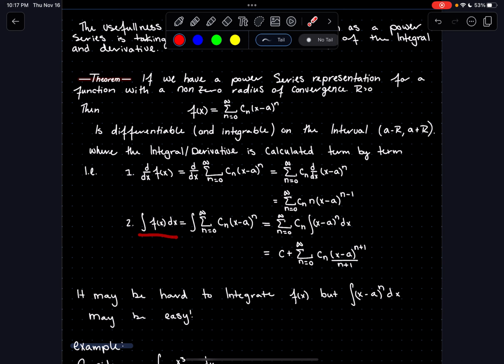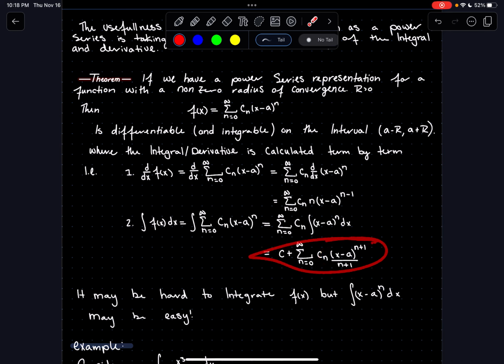This function can be rewritten as the sum. You can bring this integral inside. This c sub n is a constant. So you bring the integral here. This is just a polynomial again. So we use the power rule, n plus 1 over n plus 1, right? So super easy integral to do. And then we get this function, right?